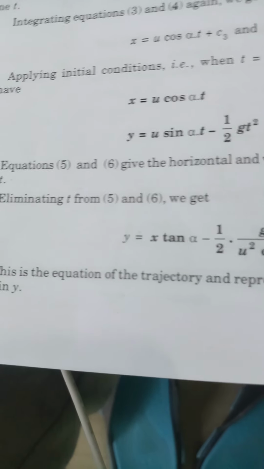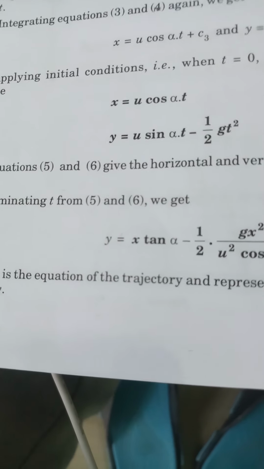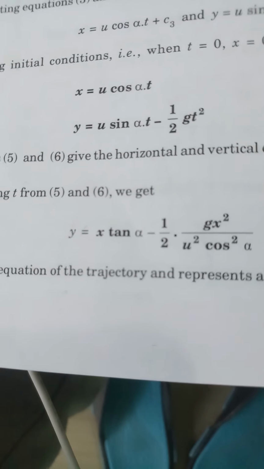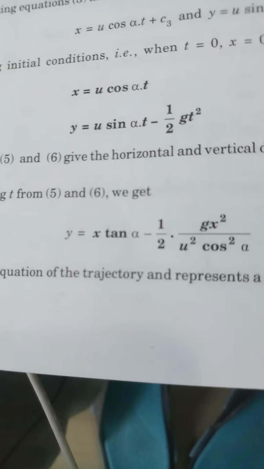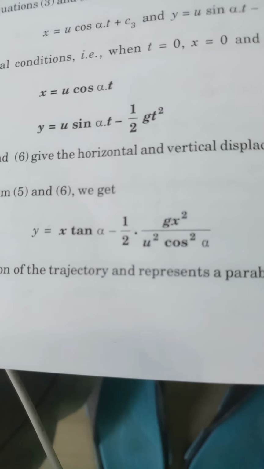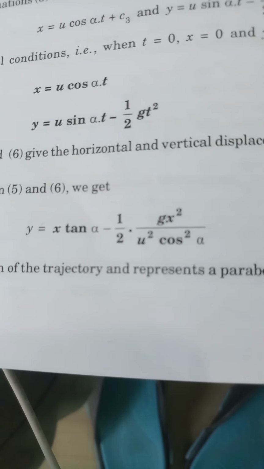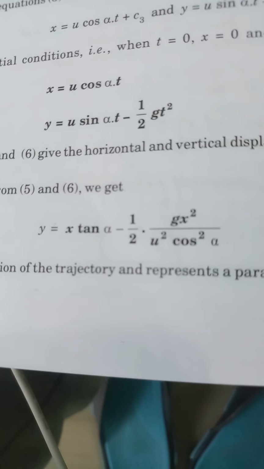Eliminating the t parameter from 5 and 6, y is equal to x tan alpha minus half g into t square, where t square is x square by u square cos square alpha.